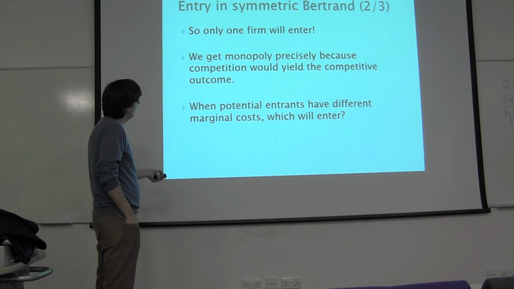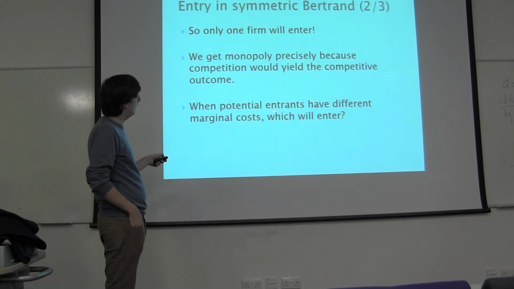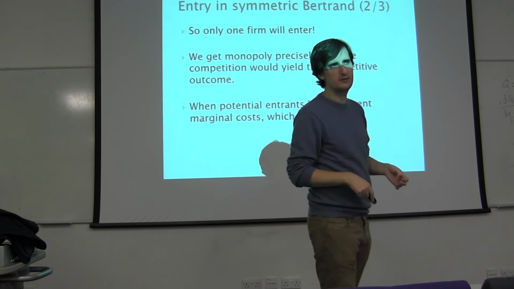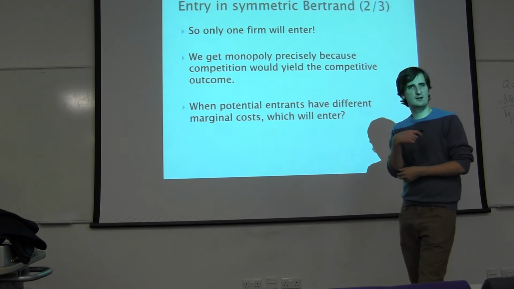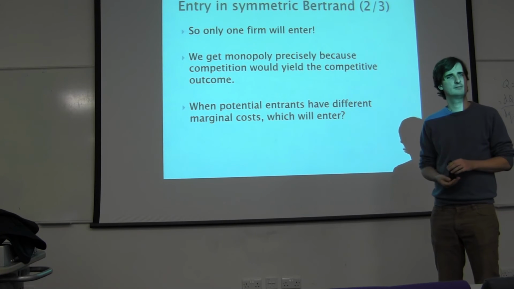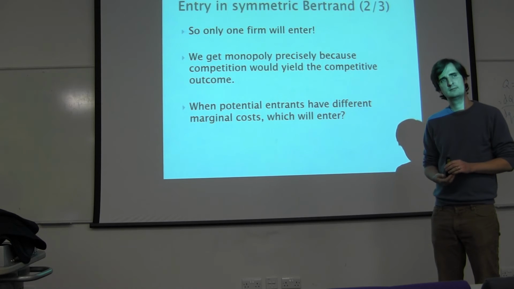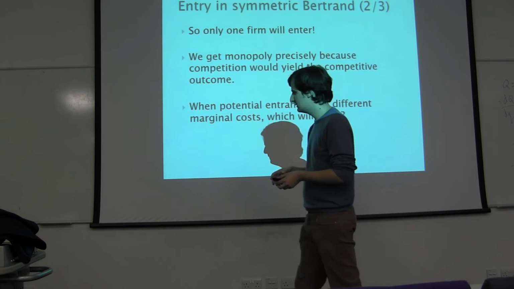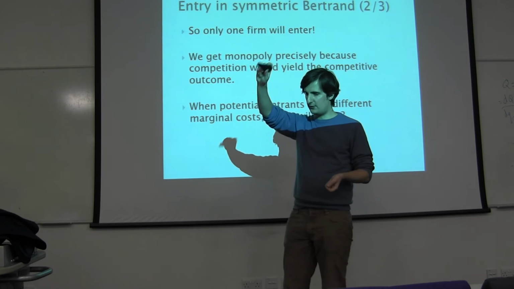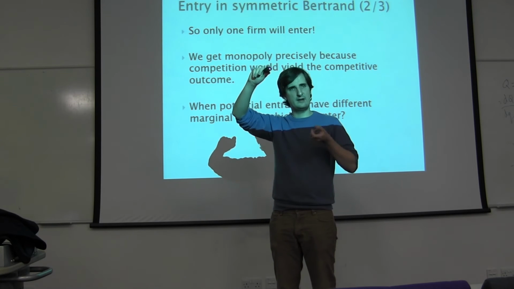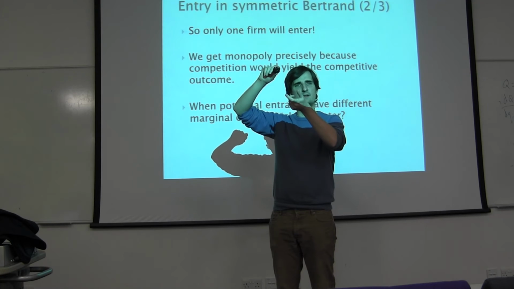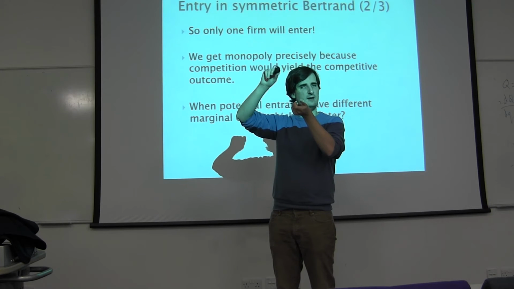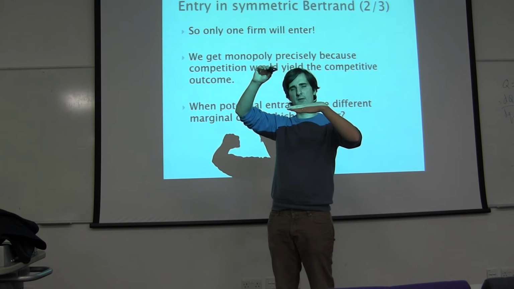And I say on the board, if you've got lots of different potential entrants, all with different marginal costs, which one is going to enter? Yeah, exactly. Suppose someone with high marginal cost was going to enter, then someone with low marginal cost would also like to enter, because they can still make profits since they've got lower marginal cost than the other firm.